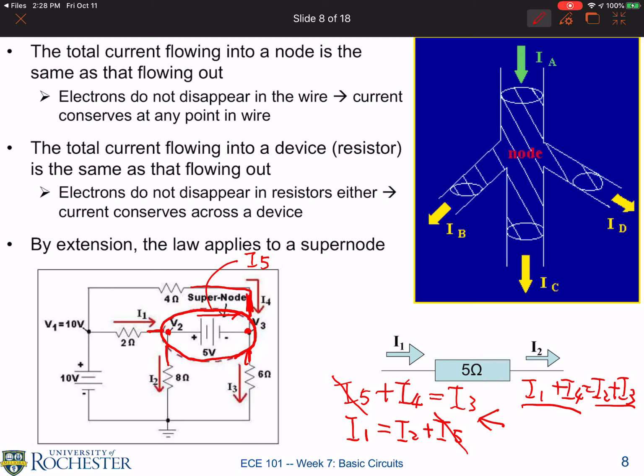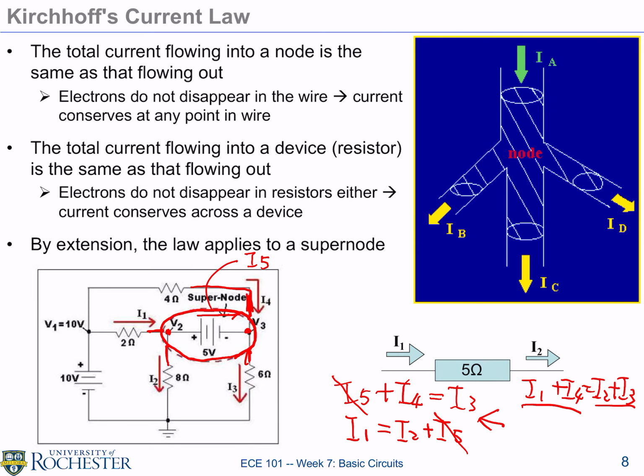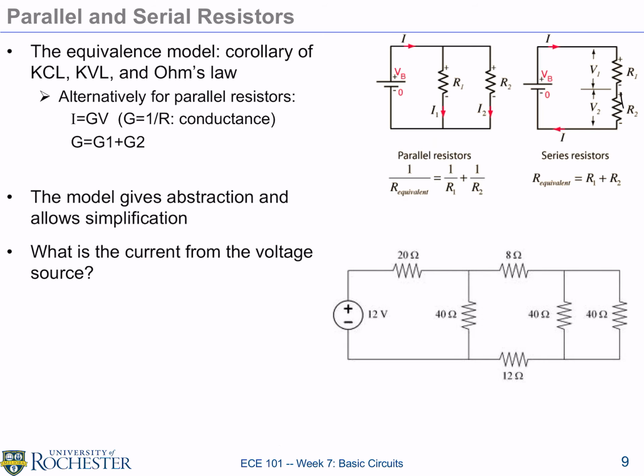So a supernode is merely a repetition of the conservation principle. If the current is conserved at node 2 and 3, if we treat node 2 and 3 together, it still has to be conserved. Not very difficult. And these laws are really why you have the equivalence models that you probably still remember. They're corollaries. They're not new insights.